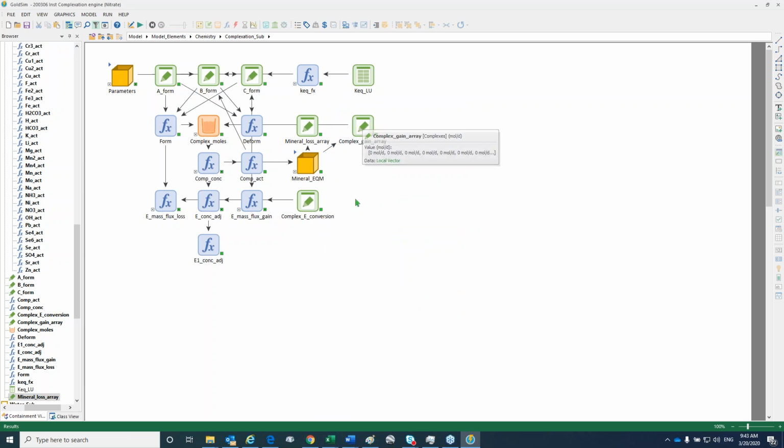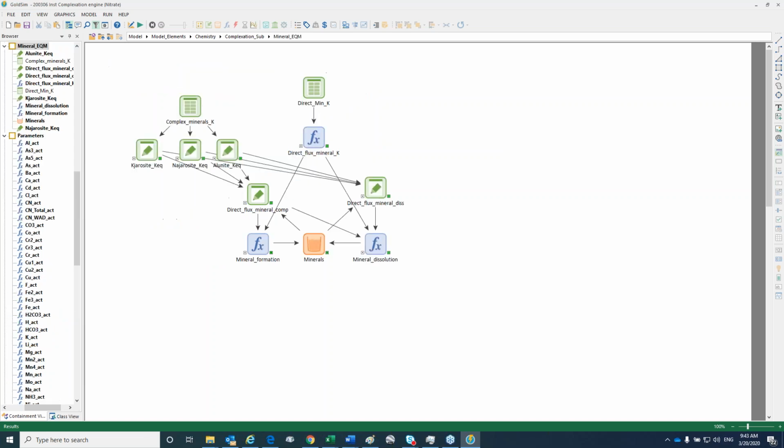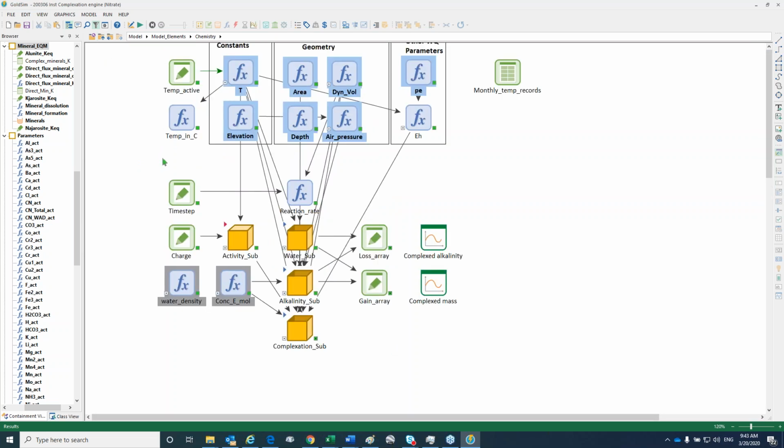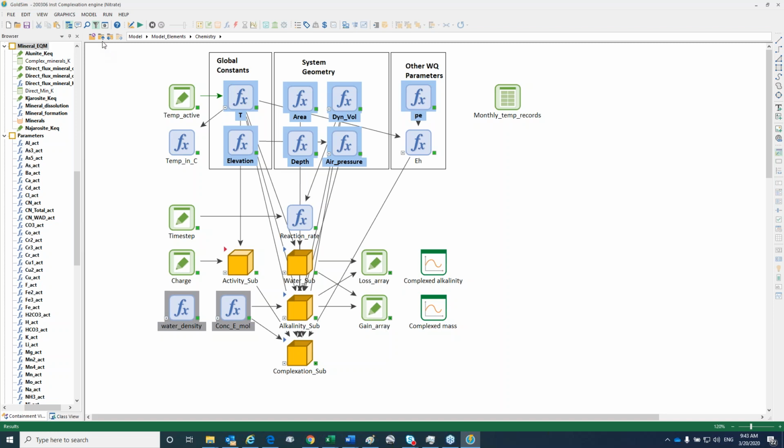I did correct that in a subsequent one, but I apologize. Anyway, that's basically how this process works, and there's a lot of calculations involved in each one of these chemistry containers, but realistically, they do work pretty well.